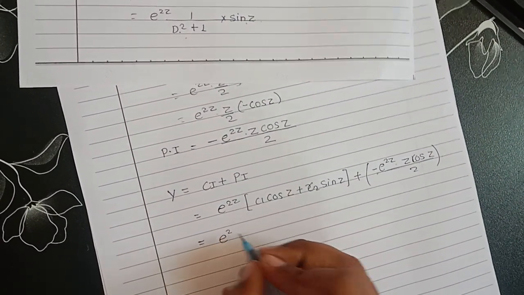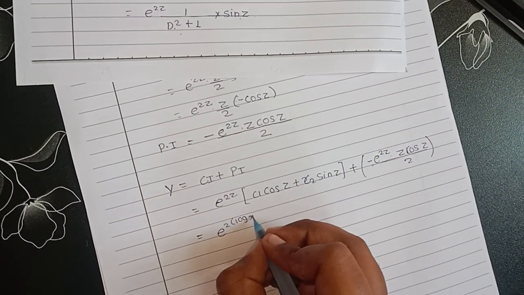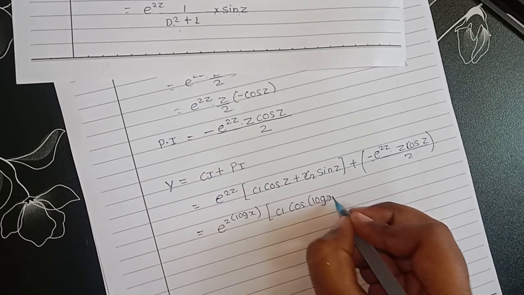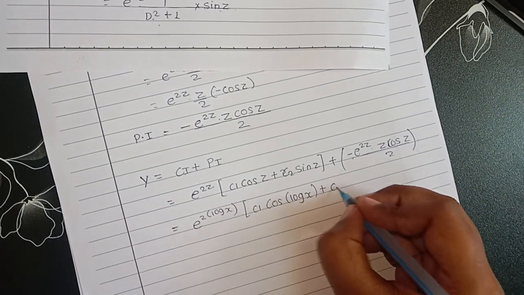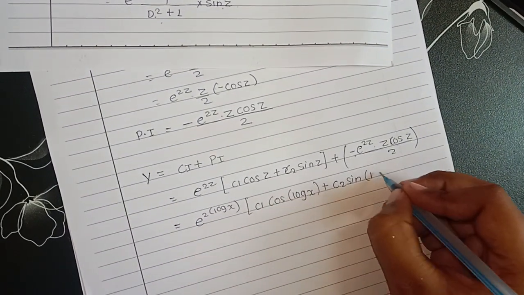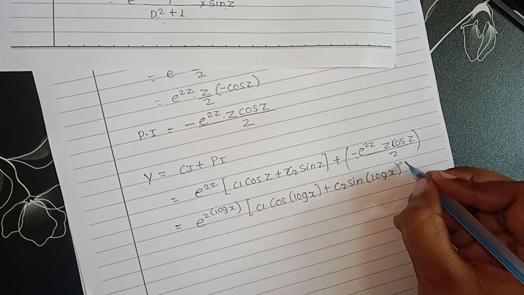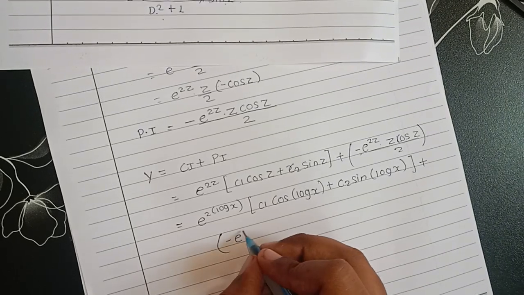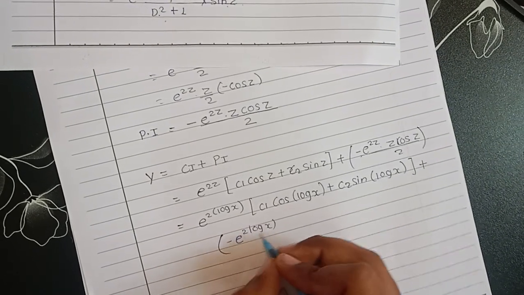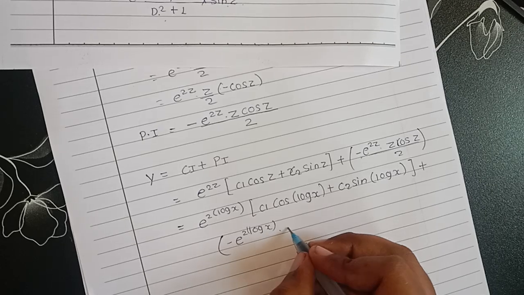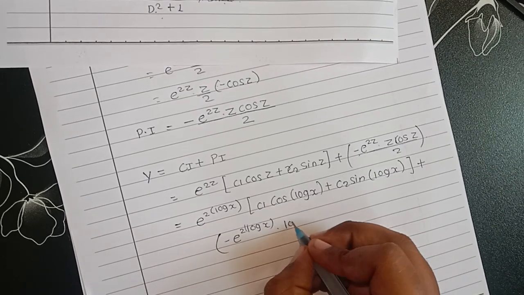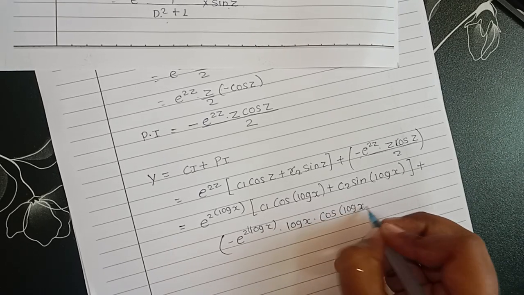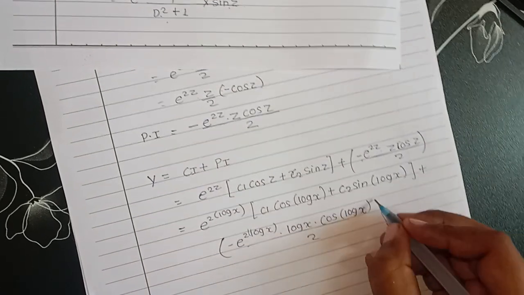As e raised to 2z, with the value of z as log of x, into c1 cos log x plus c2 sin log x, plus e raised to 2 log x into z substituted as log x into cos of log x whole divided by 2.